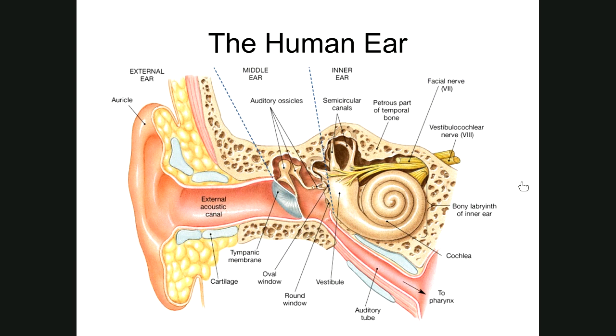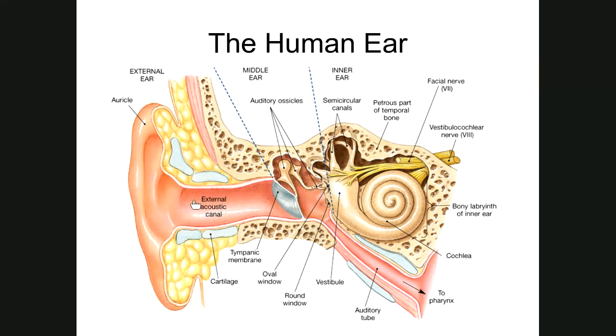So let's look at this little picture here, and up here at the top, see external ear? I'm circling that right now. Consists of the external pinna or auricle, A-U-R-I-C-L-E, which captures sound waves and channels them into the external auditory canal. That's the ear hole on the side of your head.